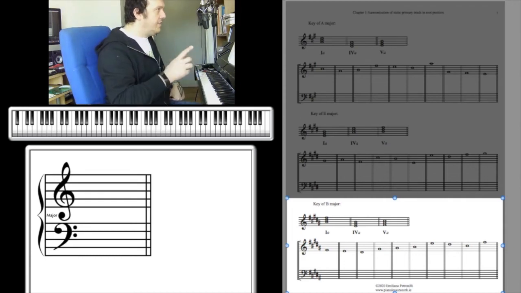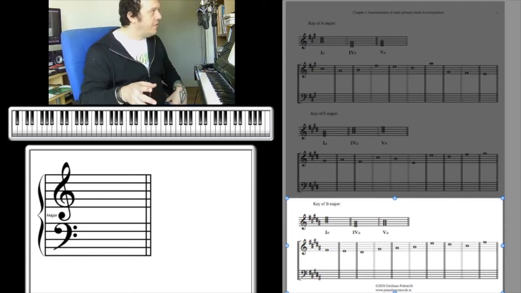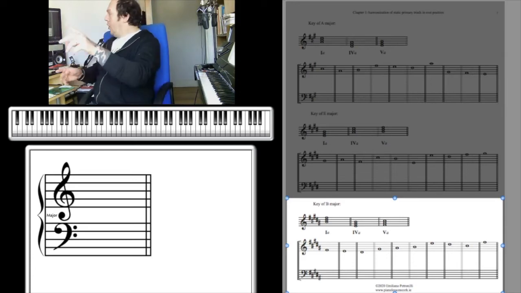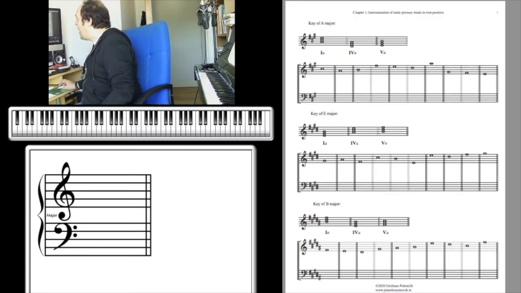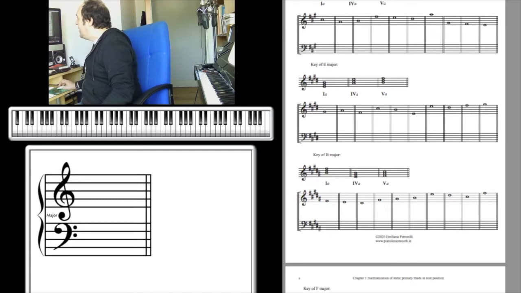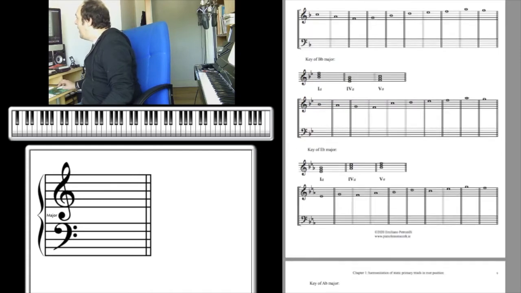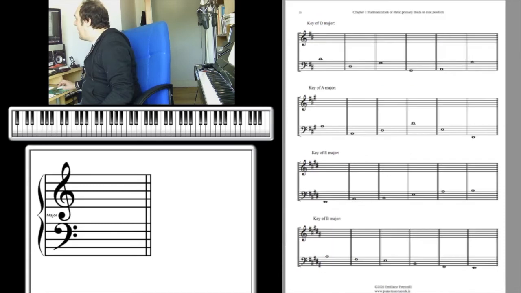So I got as far as 5 sharps or flats. So soprano line, harmonize up to 5 sharps or flats. Then I give you bass line. There you go.